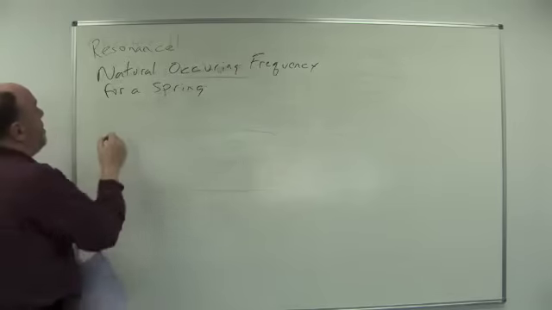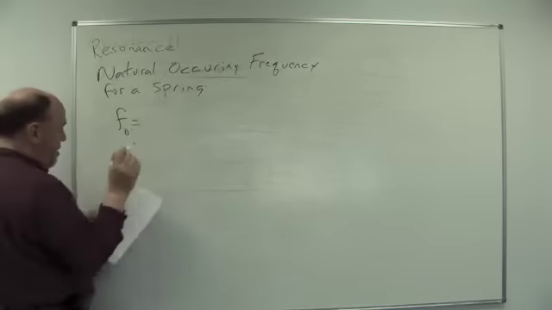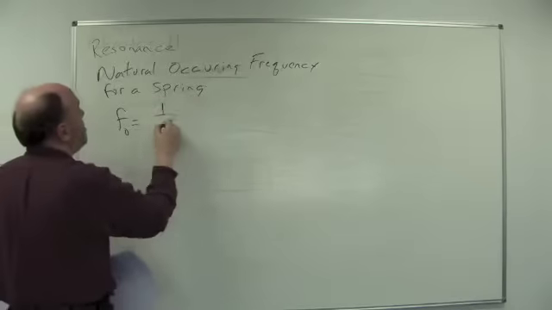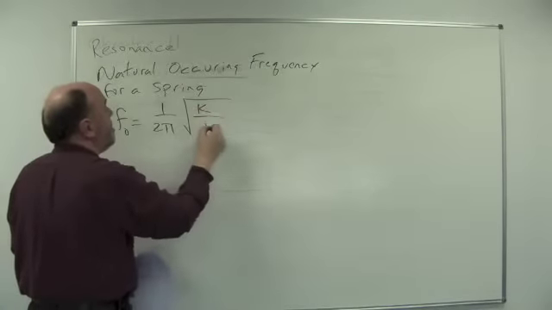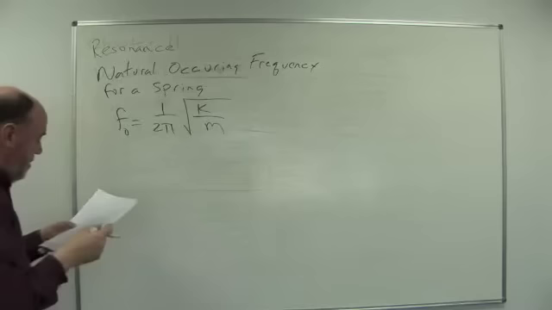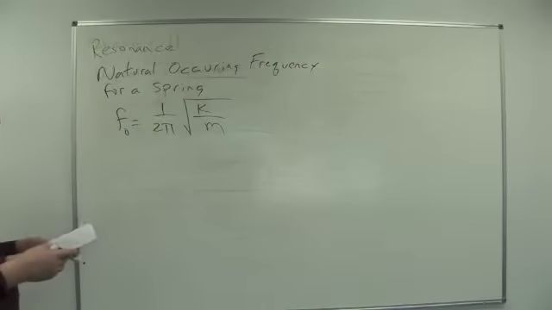And so we get f naught, the naturally occurring frequency, would be 1 over 2 pi square root of k over m.